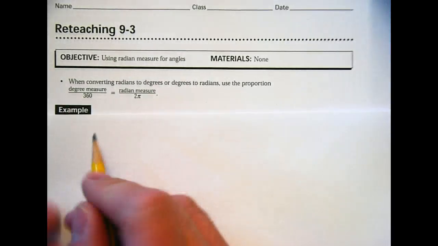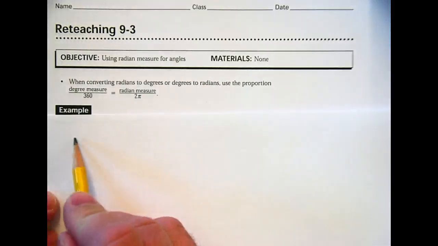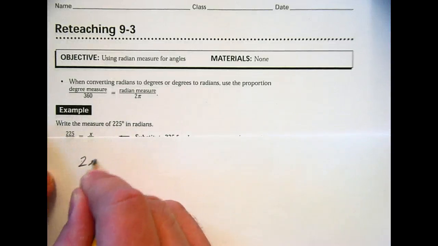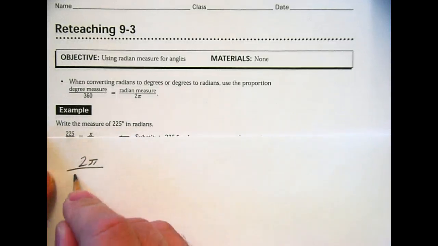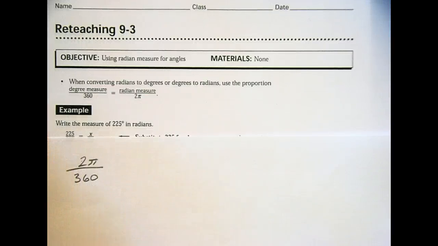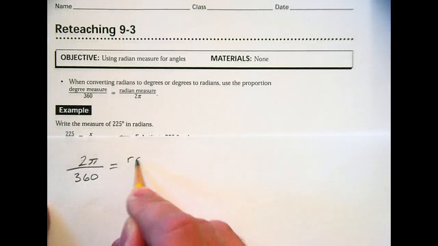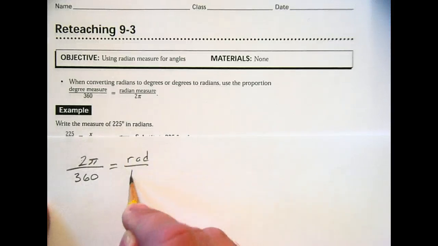Now, remember we said that if we set up a ratio, 2 pi equals 360 degrees, or this 2 pi over 360 would equal your radians over your degrees.